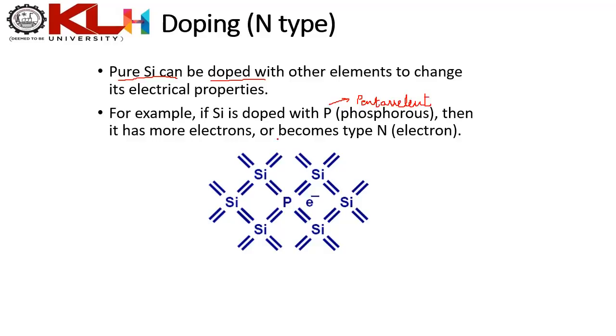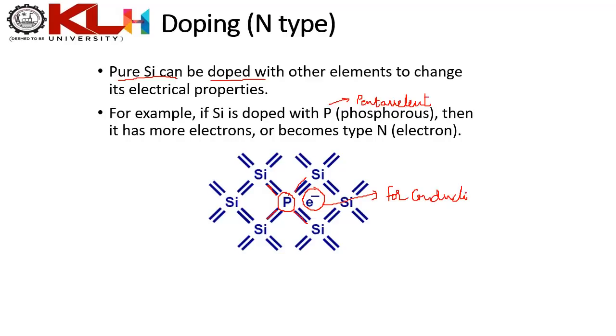So when we dope silicon with phosphorus, phosphorus has 5 electrons and silicon has only 4. So this phosphorus atom forms 4 covalent bonds with 4 neighboring silicon atoms, but one of the electrons of the phosphorus atom is left out freely, and it is now available for conduction of electricity.